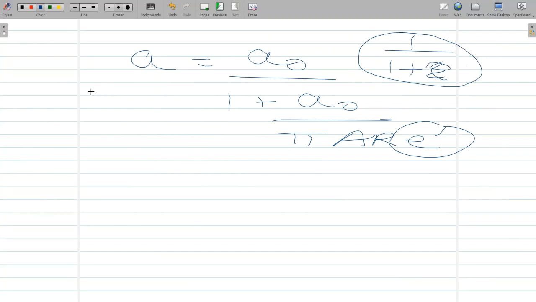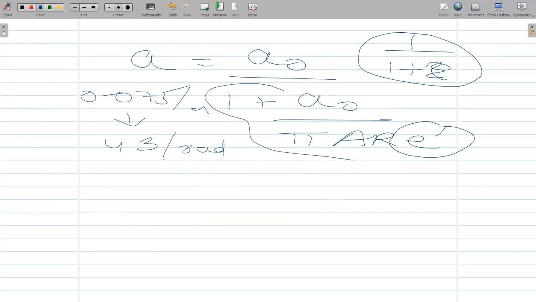So A was 0.075 per degree, and if I convert that to radian, I get around 4.3 per radian. Make sure that you convert to radian, because there is a lot of arithmetic happening over here which needs your units to be consistent, in radians rather than degrees.